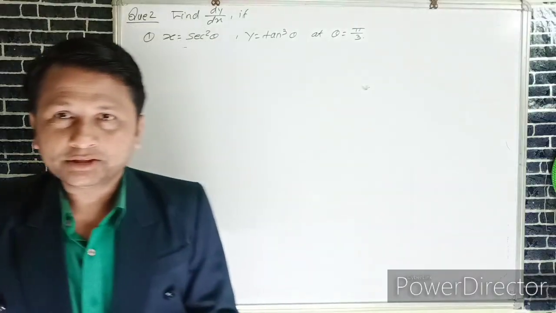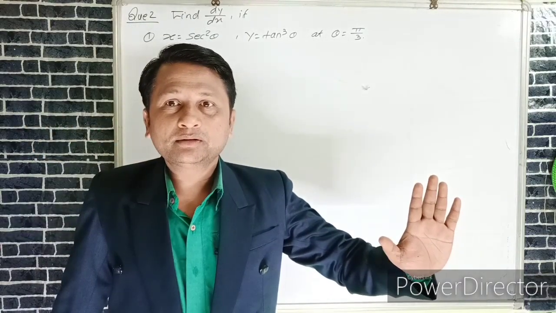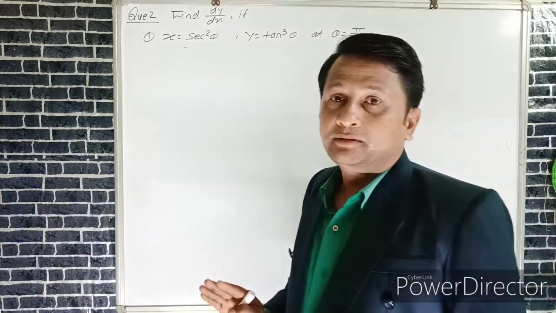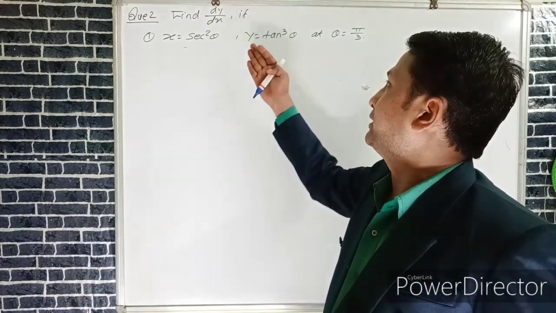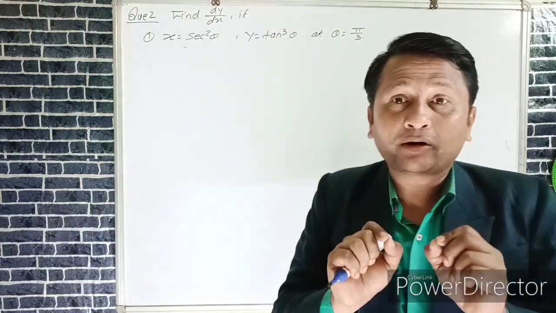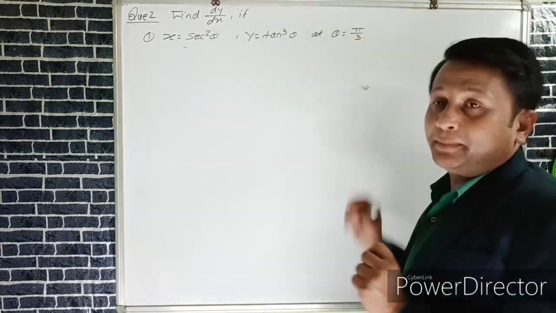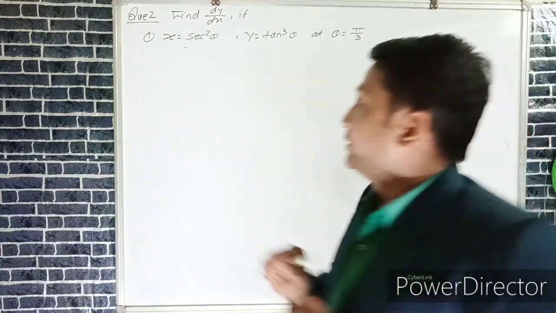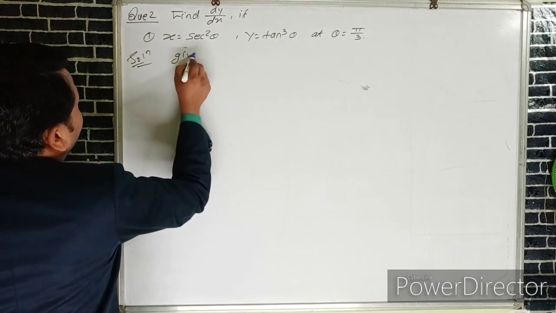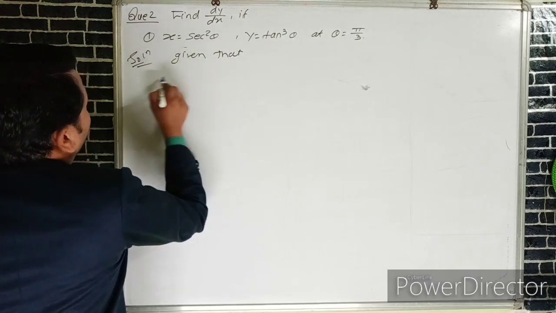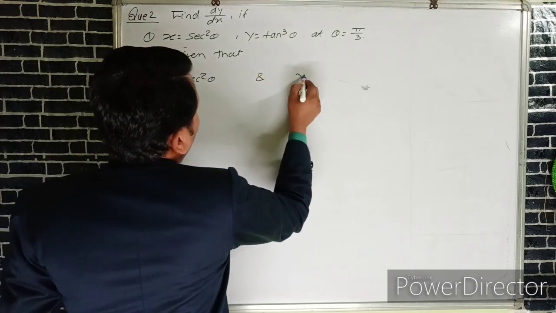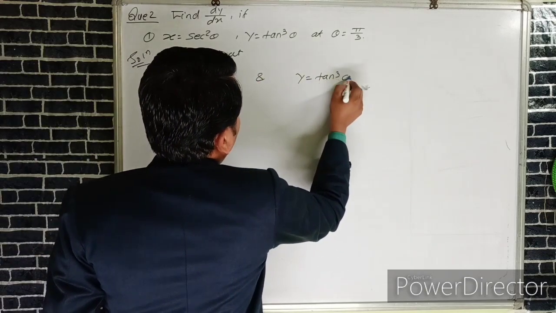Next question, which is also the same type of question. Here we have to find dy by dx. The given function is x is equal to sec square theta, y is equal to tan cube theta, but we have to find the exact value at theta is equal to pi by 3. To find dy by dx, first we take the given function x is equal to sec square theta and y is equal to tan cube theta.